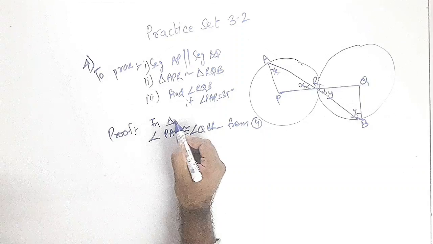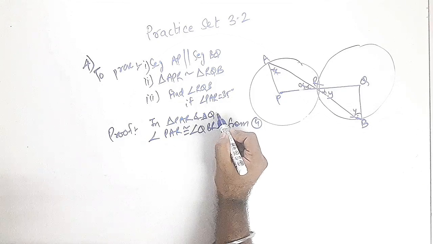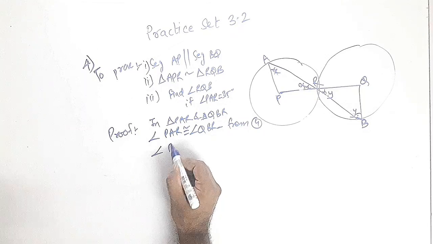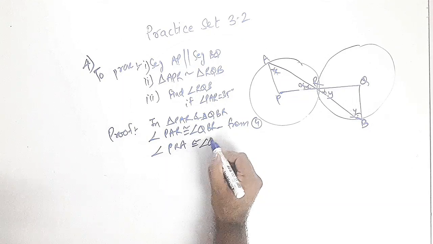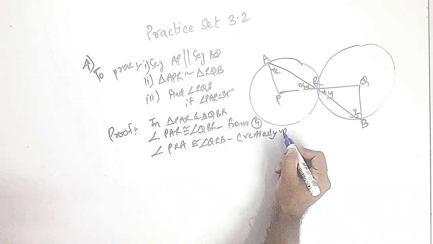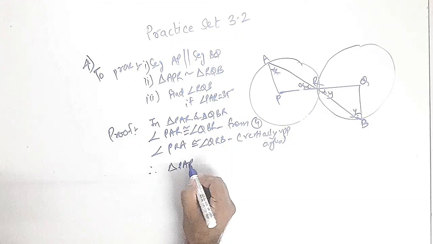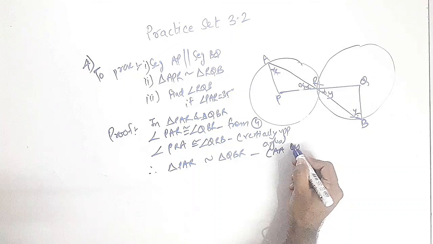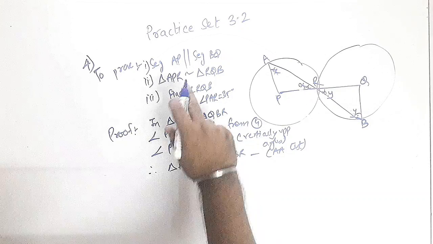In triangle PAR and triangle QBR, from 4 and one vertically opposite angle, angle PRA is congruent to angle QRB. This is vertically opposite angles. Therefore triangle PAR is similar to triangle QBR. This is by AA test. So this we have proved.